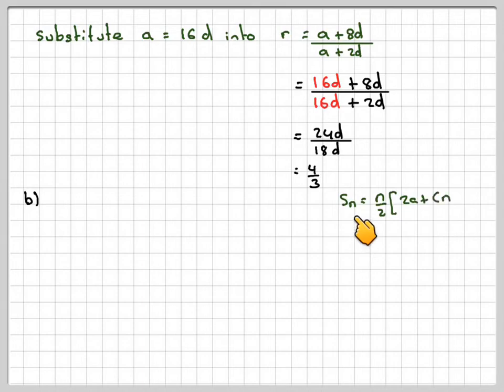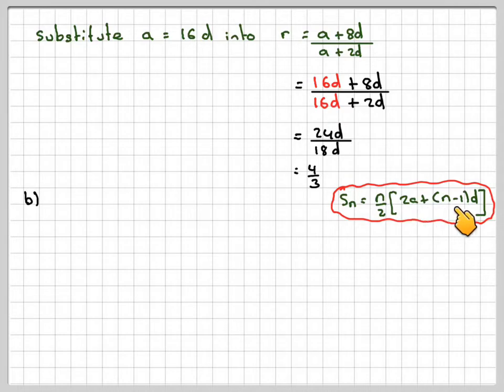B. The sum of an arithmetic sequence, Sn, is n over 2 times 2a plus the term number minus 1 times d. Note that we know that a is equal to 16d from part A, and we were given in the question that the sum of the first 6 terms of the arithmetic sequence is 12.